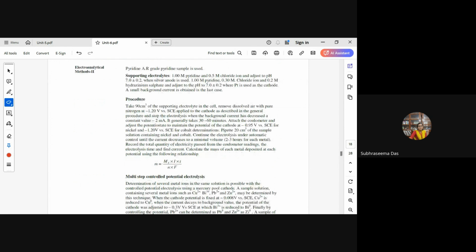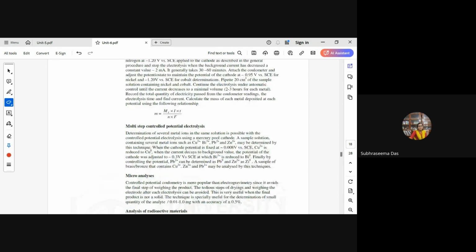A platinum electrode has been used. After the passage of electricity, the total quantity of electricity passed during the reaction was read from the coulometer, and the mass of each metal deposited at each potential was found using this relationship.